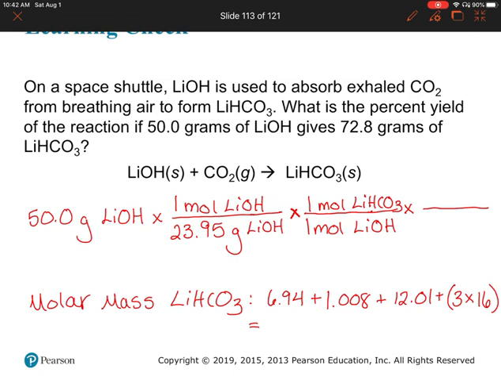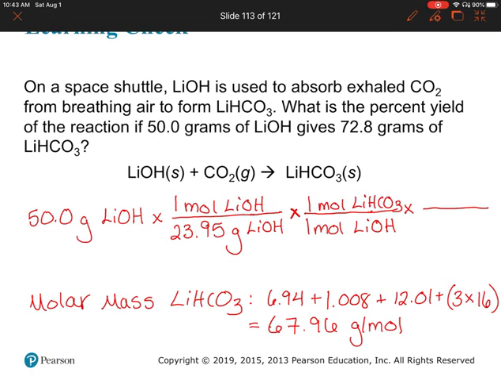Okay, I'm being a little sloppy with my decimals there. All right, so 6.94 plus 1.008 plus 12.01 plus 3 times 16, which is 48. So I get 67.96 grams per mole for lithium bicarbonate.